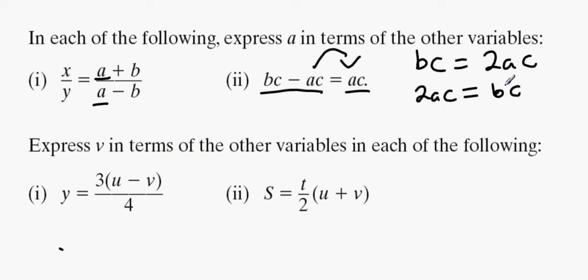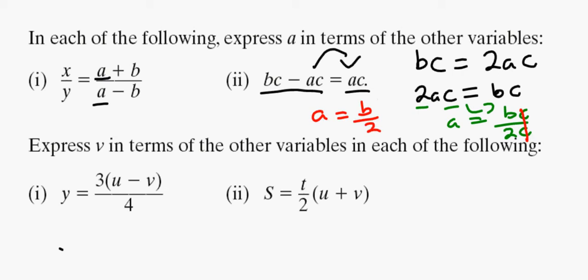Now a has been multiplied by 2 and c. Bring them down into division mode, so a is going to be bc divided by 2c. And what you can see now is the c's will cancel, so the answer is a equals b over 2.